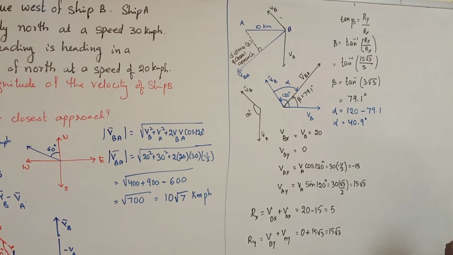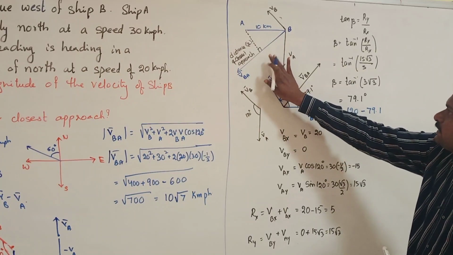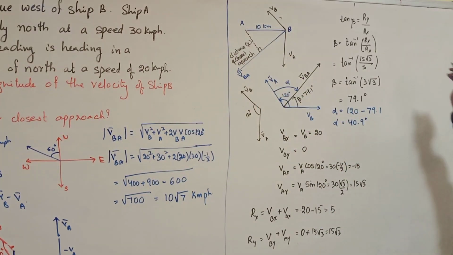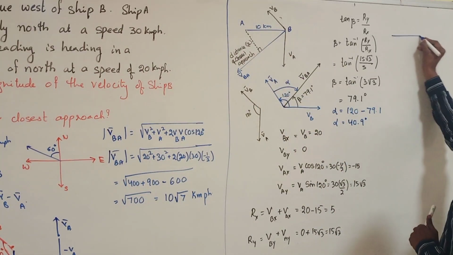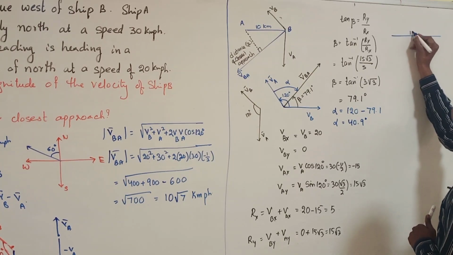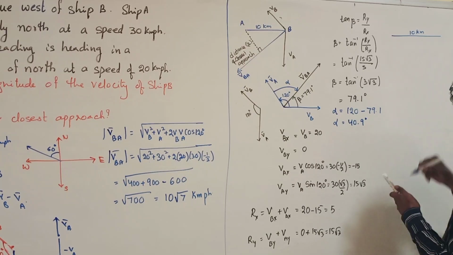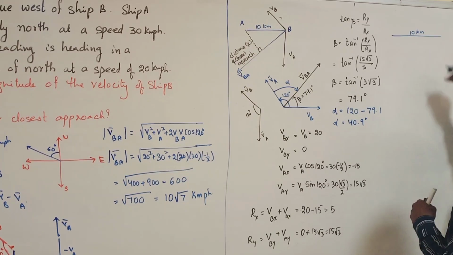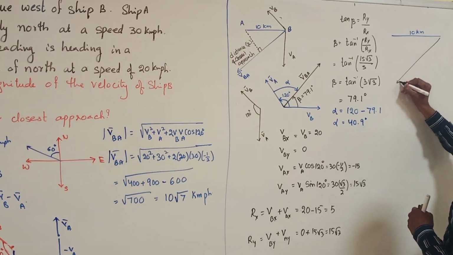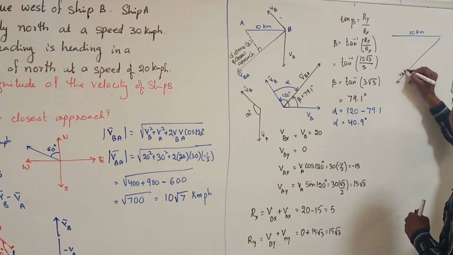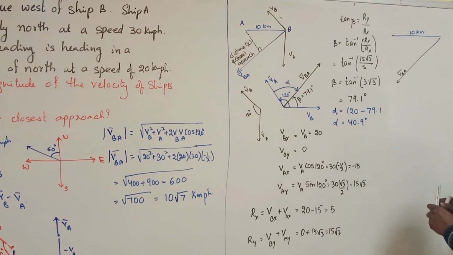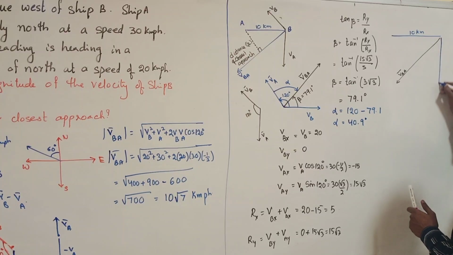Now how to find the closest approach? We will go with the same figure again. Here this is 10 kilometers from ship B to ship A, and this is the resultant velocity vector VBA, and this is the VA vector.